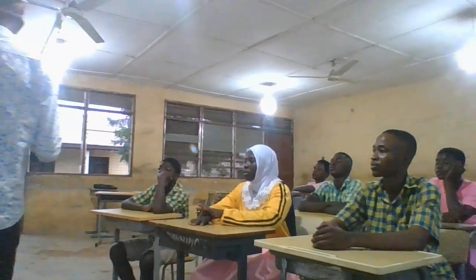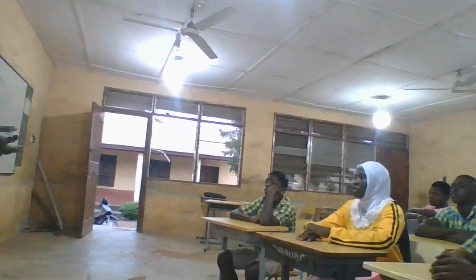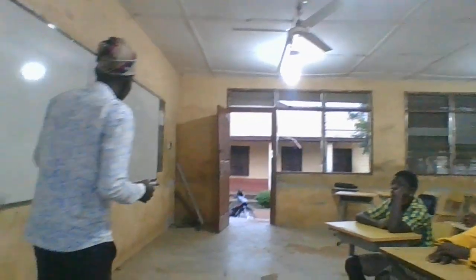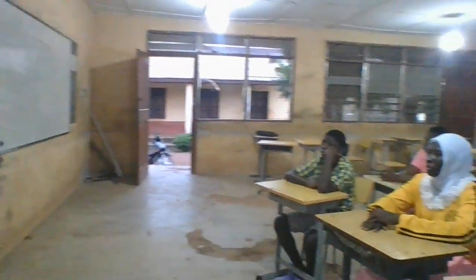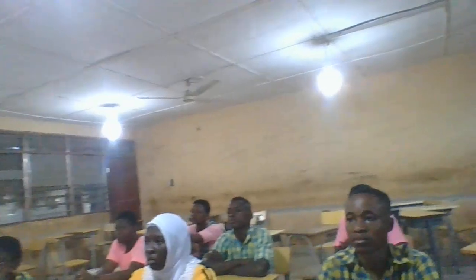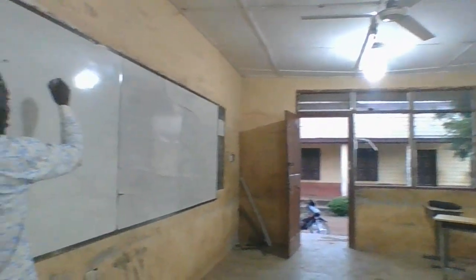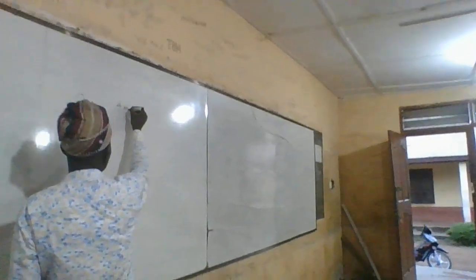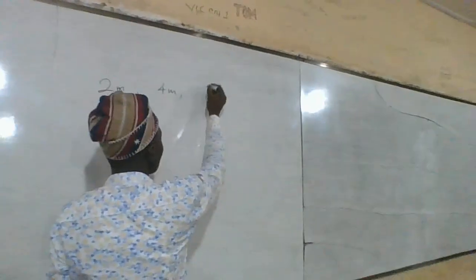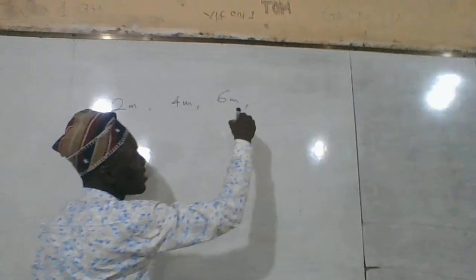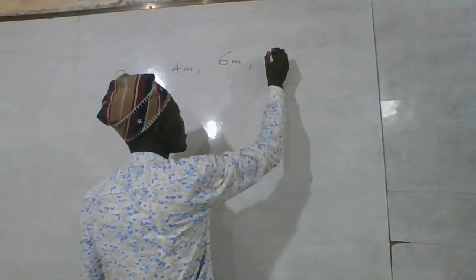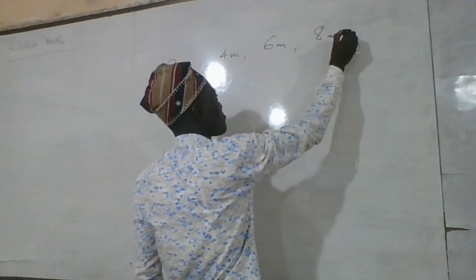So if you walk into a classroom and realize that the chairs you're supposed to sit on in an exam are arranged in a linear form, at regular intervals, such that the first chair is placed at 2 meters, the second chair at 4 meters, the third chair at 6 meters, and the fourth chair at 8 meters.